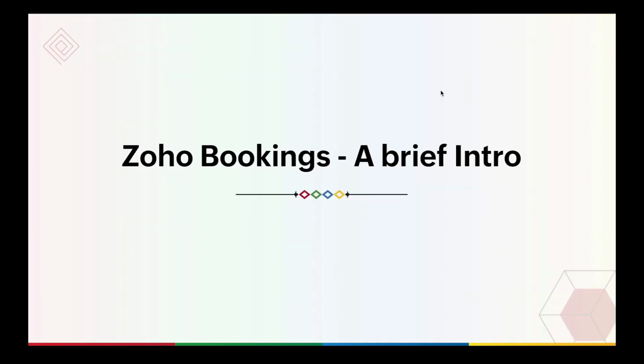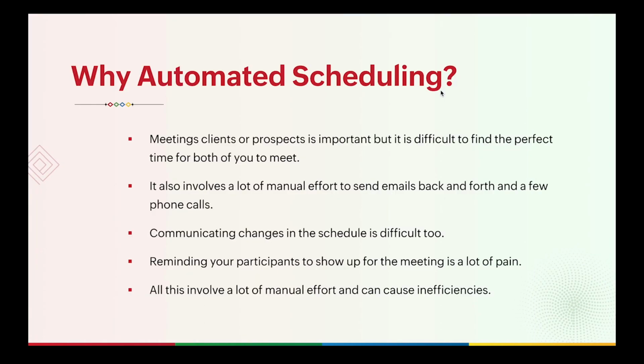So we'll get into a brief about why automated scheduling is necessary. As most of you have polled, finding the right time that fits both you and your prospects is of utmost importance. And not everybody who agrees to the time initially gets to show up for the meeting on time. So there will be changes in the schedule.